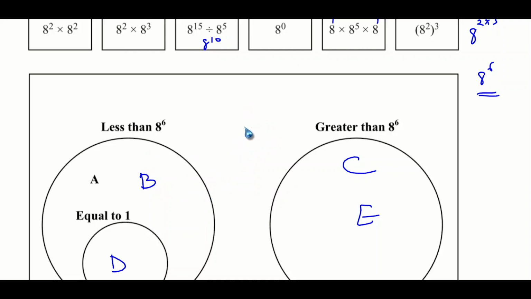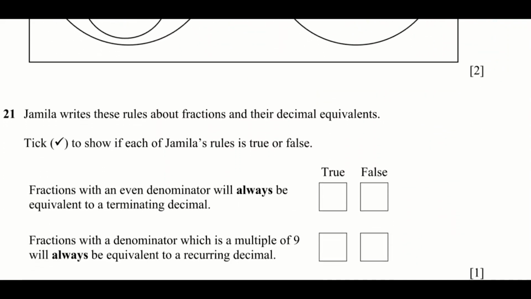It means a number that does not belong to any of the given circles. You can write it here, here, or anywhere in the rectangle. So I'll just put 8 to the power of 6 here. So that is how to complete that.